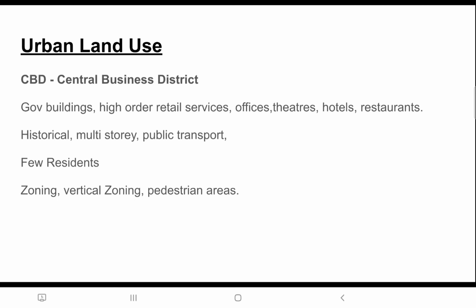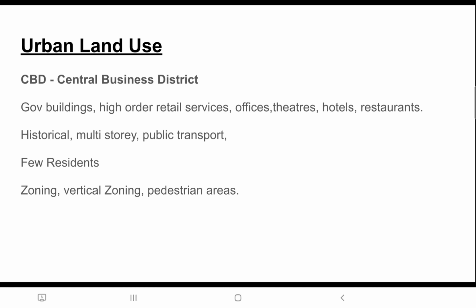It's also a point where roads all converge, so it makes it the most accessible area. It's the easiest place for everybody to get to. This in turn makes it pretty desirable for services like retailing to locate themselves in. As a result, the land prices in the CBD become higher, so only certain services can afford to locate there.